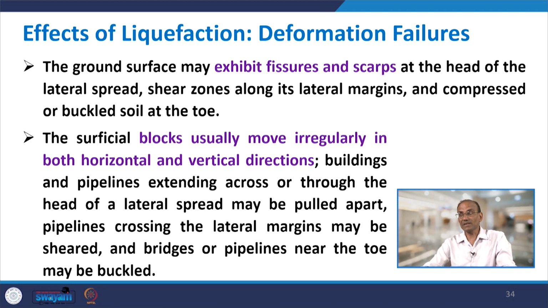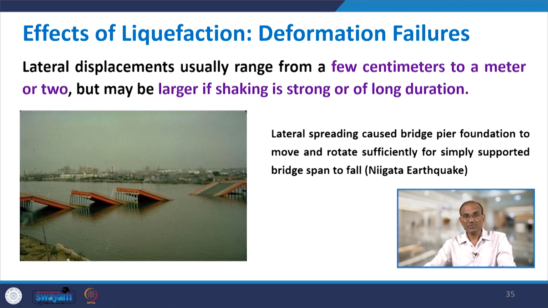So many things will happen, for example, there is one example which is related to the cyclic mobility, that is lateral displacement, usually ranging from a few centimeters to a meter or two, but may be larger if shaking is strong or of long duration.